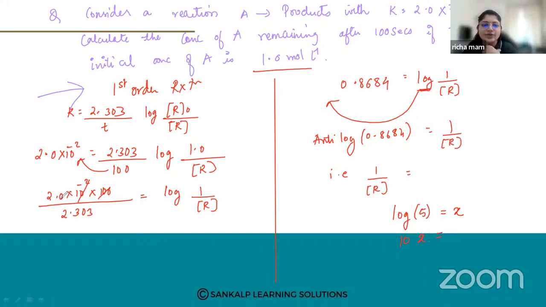So you have to raise its power to x. So what is anti-log? How much have you got? 0.86, that was the previous one. We just find out our anti-log.